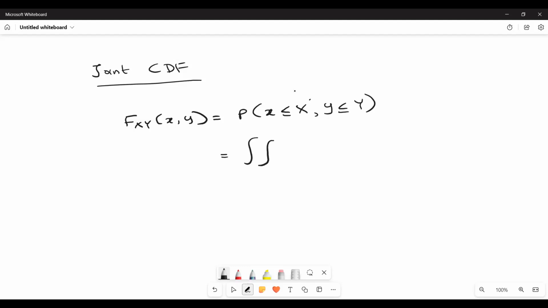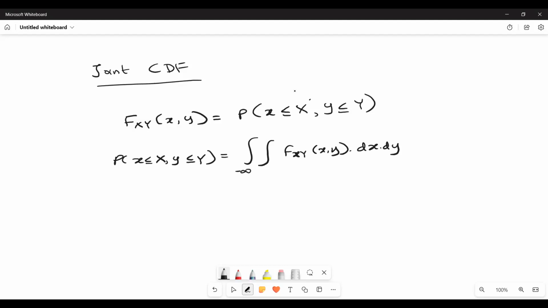I think I wrote this earlier as well. So for this x and y, we can take the ranges of x and y, and using the ranges, we can do the integration of the PDF function, and then we can find the value of the probability.